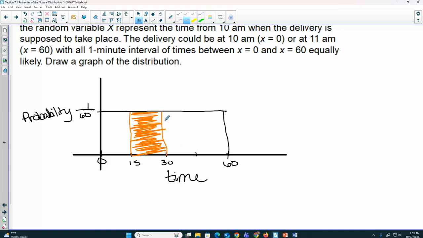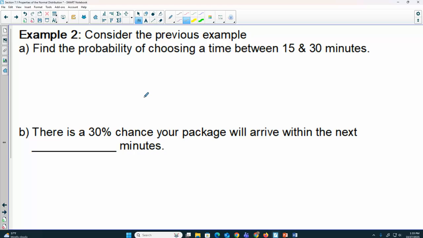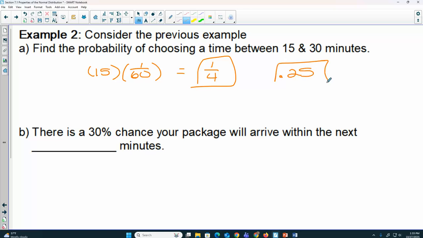How do you find the area of a rectangle? Length times width. All right, so my length is what? 15. That's how far it is from 15 to 30. My height of that rectangle is 1/60. So 15 out of 60, or 1/4, 0.25 if you prefer. Which makes sense. There's a 15-minute window. So 15 out of 60.